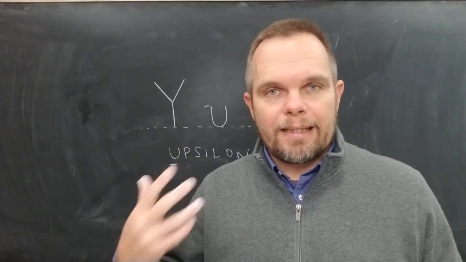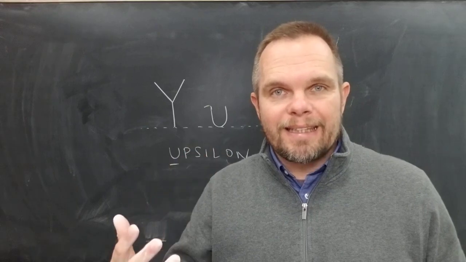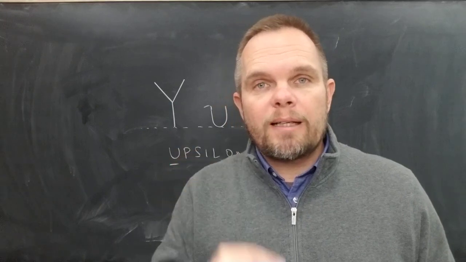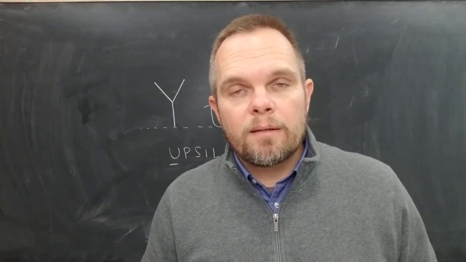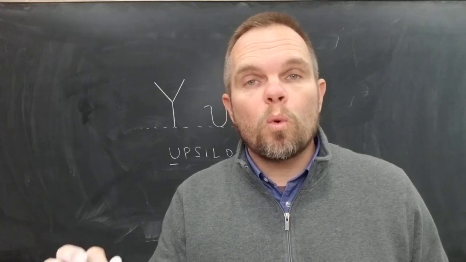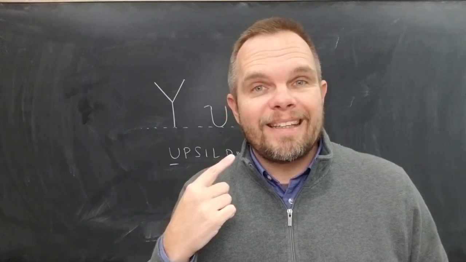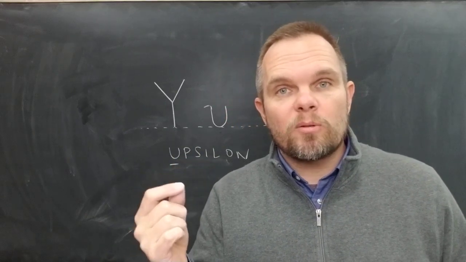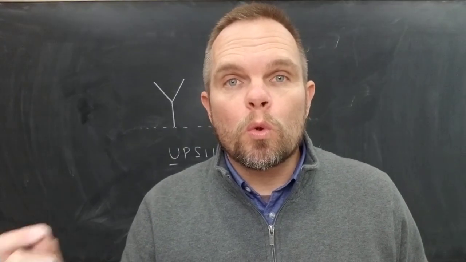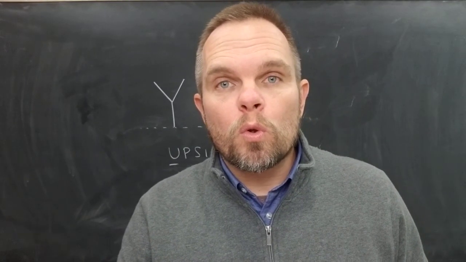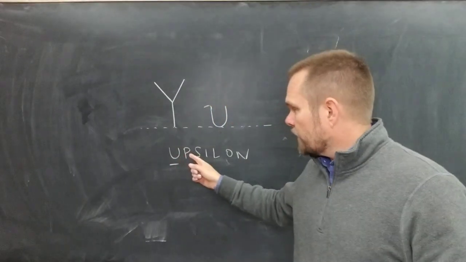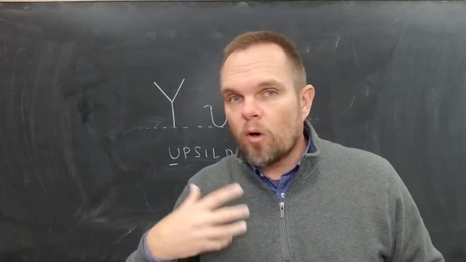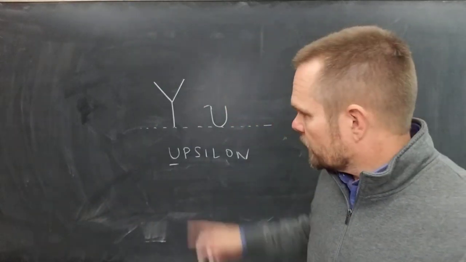But keep everything the same inside your mouth, and change your lips so that they're rounded, like you're going to say oo. Inside, say E. On the lips, say oo. Put that together and it makes this unique sound, ü. That's the sound of the classical upsilon. It's awkward for English speakers, but that's the correct sound.